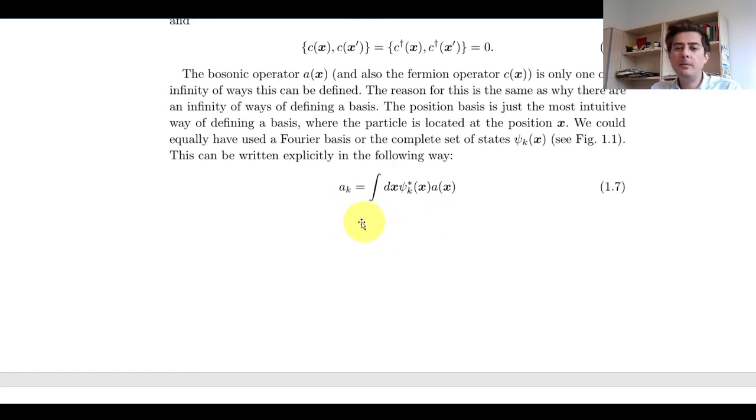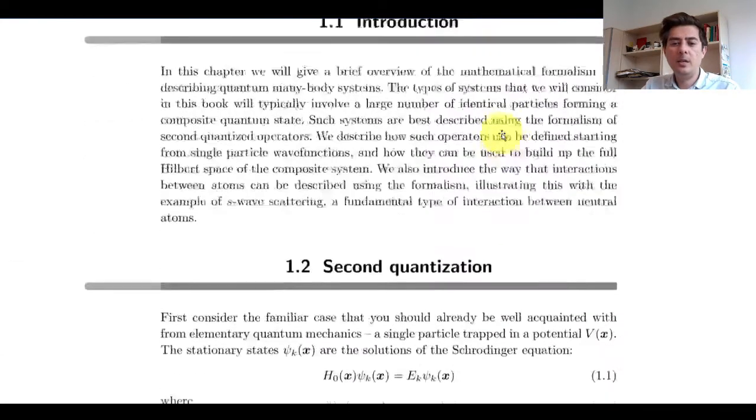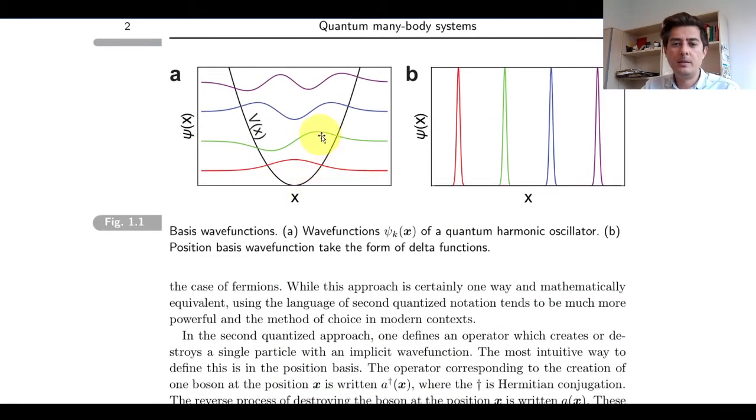The way that we do that is that we multiply this A X operator, which means that we're annihilating a boson at position X, and then we integrate that with respect to whatever orthogonal functions we're talking about. We can just picture these states as, for example, K equals 0, K equals 1, K equals 2, K equals 3.